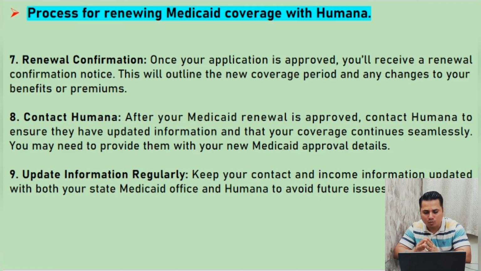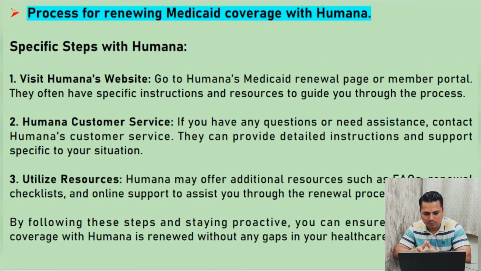You may need to provide them with your new Medicaid approval details. Number 9, update information regularly. Keep your contact and income information updated with both your state Medicaid office and Humana to avoid future issues with coverage.